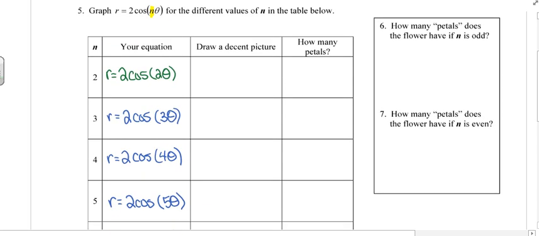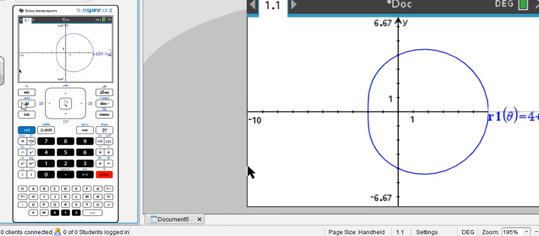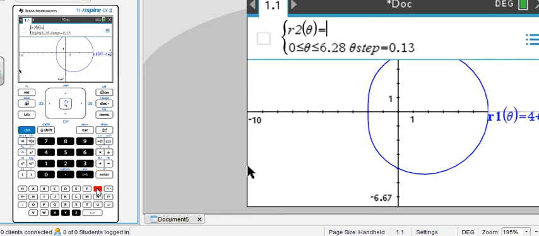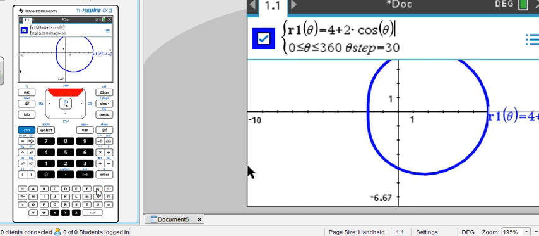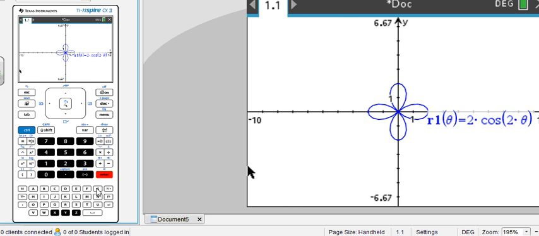All right, so I'm going to go back up to the top, and I'm going to graph r equals 2 times cosine of 2 theta. So again, I'm just always modifying the graph that came before. Ooh, isn't that pretty?